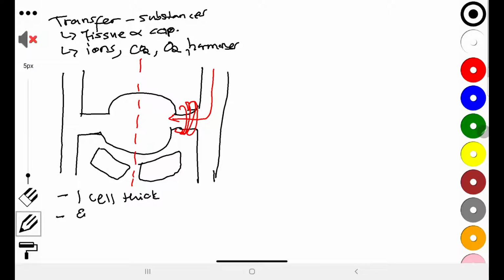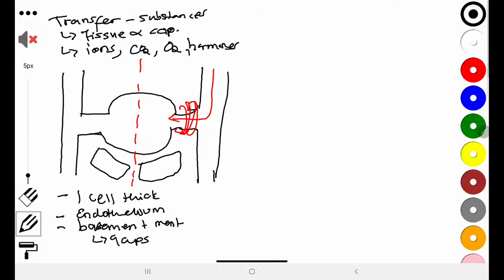So the endothelium is the main cells that have to be penetrated, the ones that guard the coming in or going out. We have a basement membrane as well, but these have gaps.